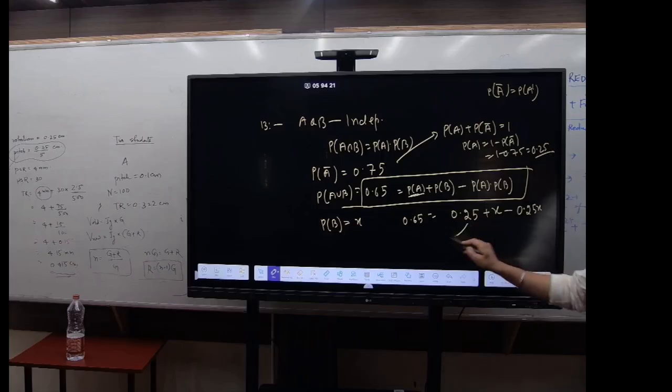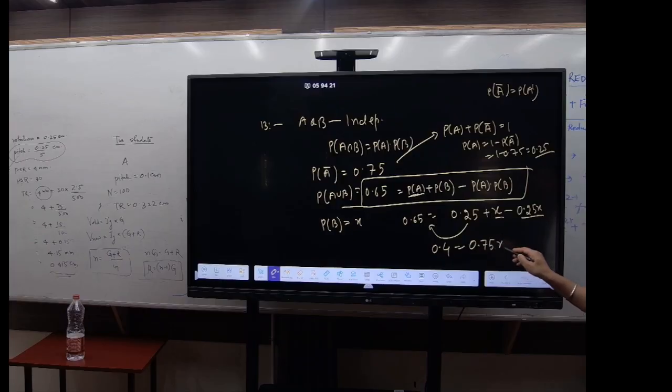So send this to this side. What will this become? 0.4. 1x minus this will become 0.75x. Now what is x? X is equal to 0.4 divided by 0.75. Yes or no? Now you just solve it.